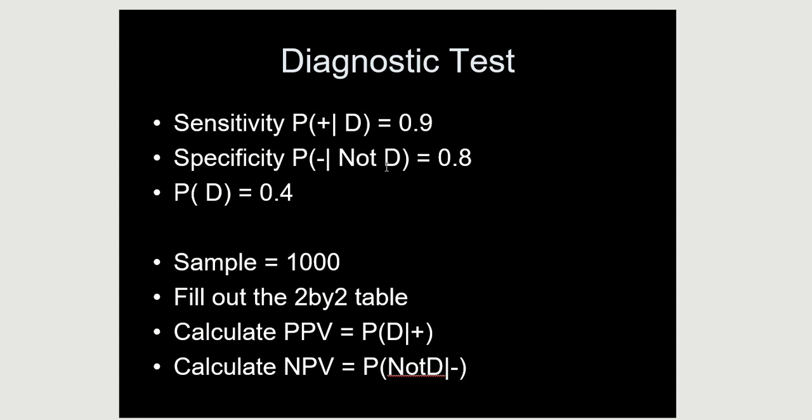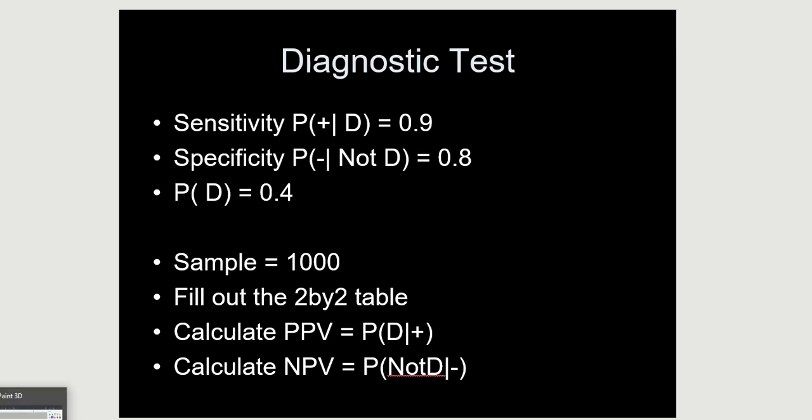In that scenario, I'm giving you a probability of disease of 40%, and then I'm saying, if you have 1,000, let's fill out the table and calculate the positive predicted value and negative predicted value.